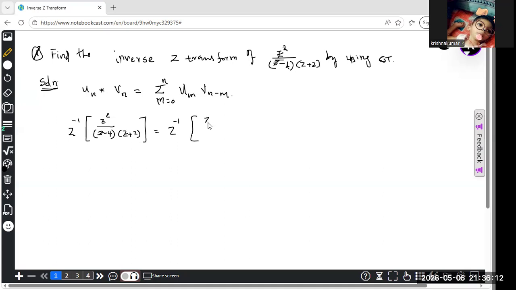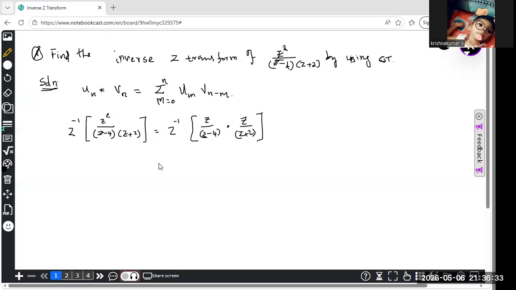So here I am going to rewrite the given function as z by z minus 4, this is one function, into z by z plus 2, this is another function. Now we have a product of two functions.